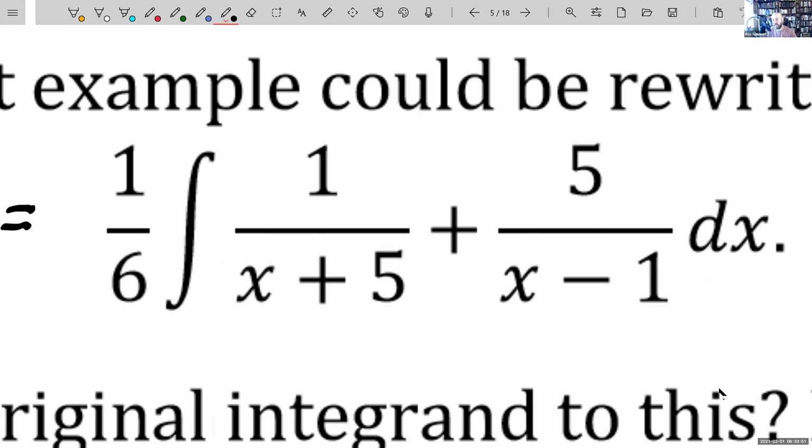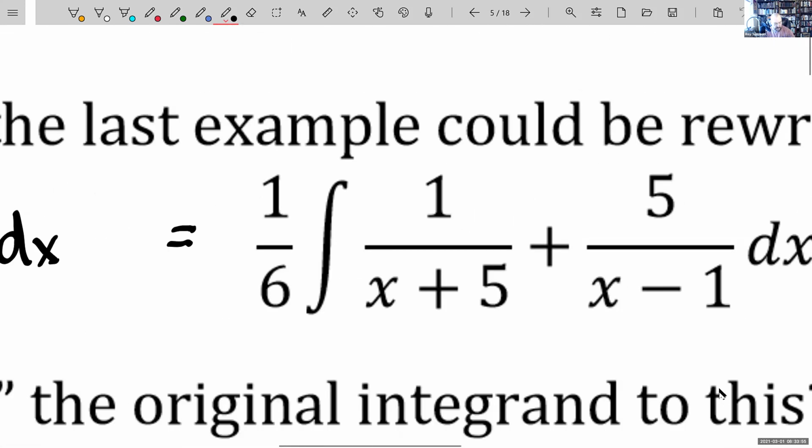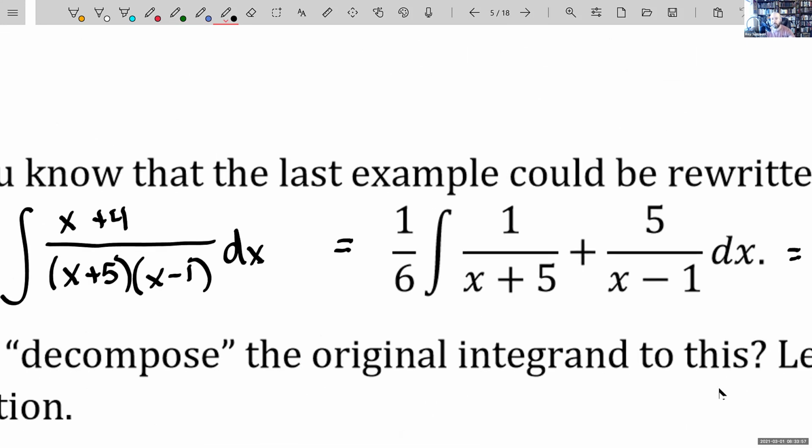So section 7.4 is all about pulling apart a fraction into its component subfractions. The question is, how the heck do I know that the fraction we are given pulls into 1/6 over x plus 5 plus 5/6 over x minus 1? How in the world could you possibly derive that?